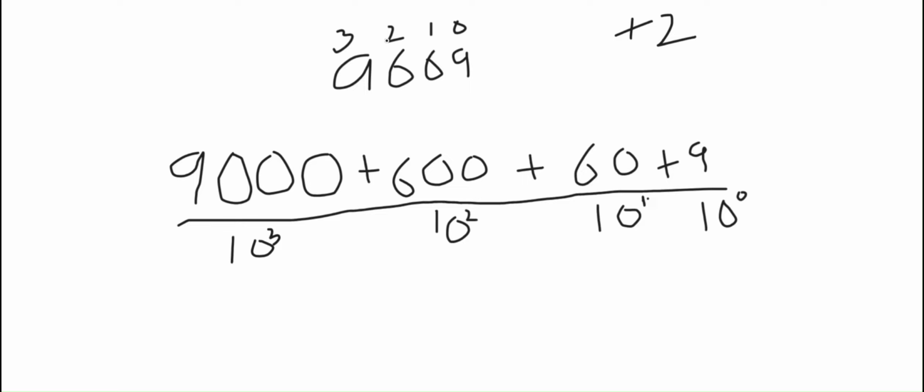So in order for us to make this 6 a 9, we can add 3 at this digit to make it 9. How can we do this? We'll take the entire number 9669, and we need to only add 3 over here.